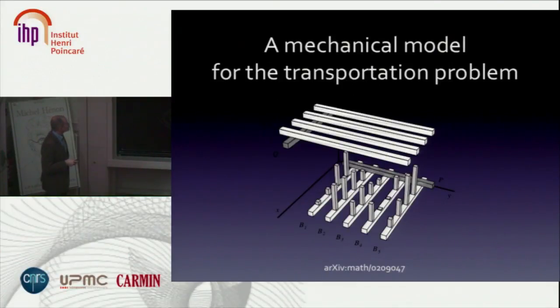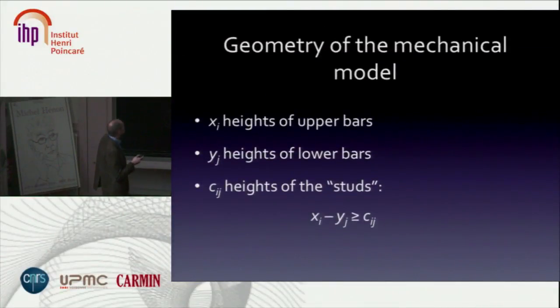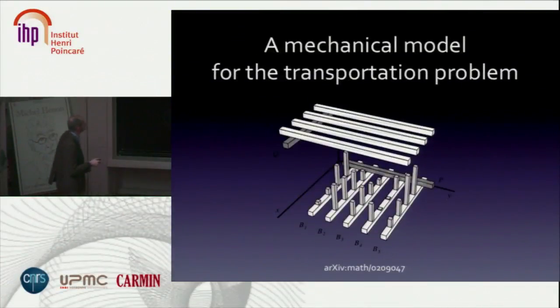So the computer itself consists of two sets of bars. I tried using a pointer. So two sets of bars, which are constrained to move in the vertical direction while preserving their horizontal position in space.